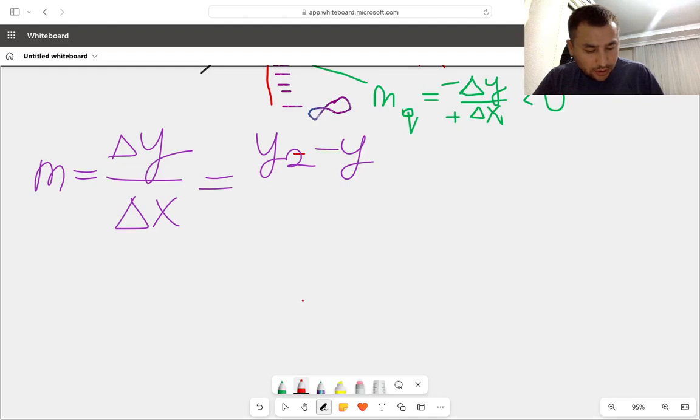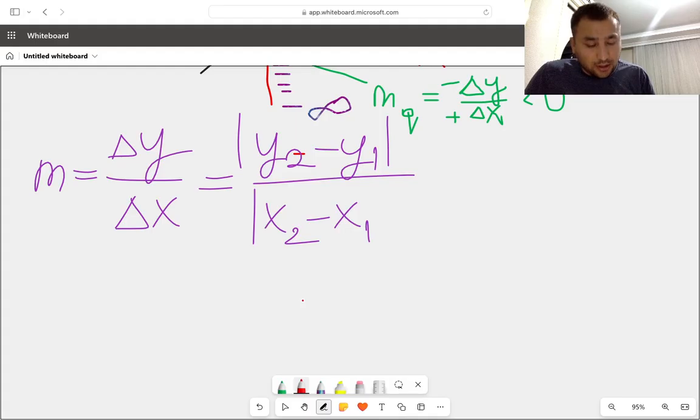Or we can just take the absolute value, because even if the difference is minus, you will get the result plus, or at least not negative. It can be positive or zero, because the distance is never minus. And then again, the absolute value of the change in x.